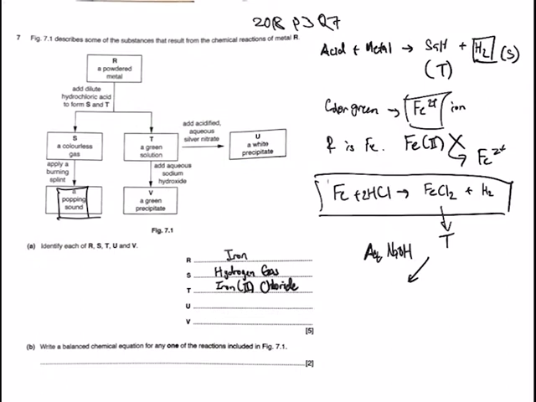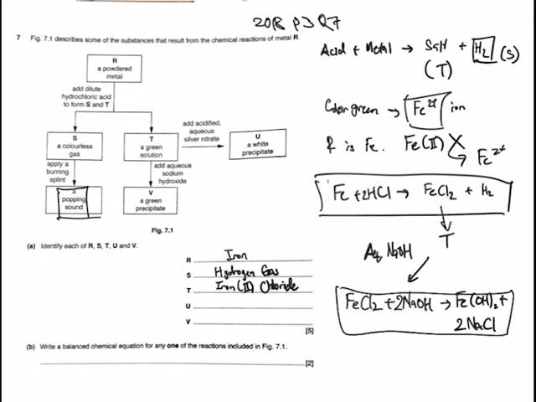From this we write out the chemical equation again: FeCl2 plus NaOH gives you iron hydroxide and salt. We balance out the equation, and this is the final equation.